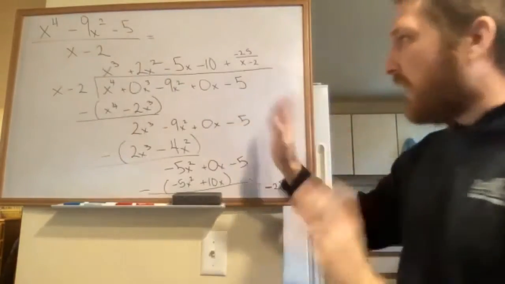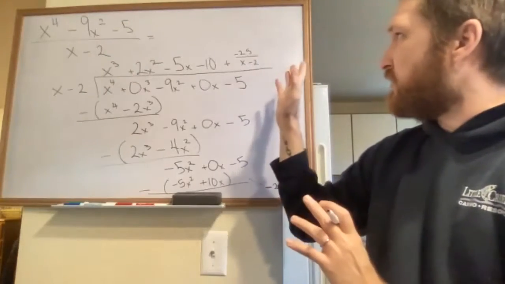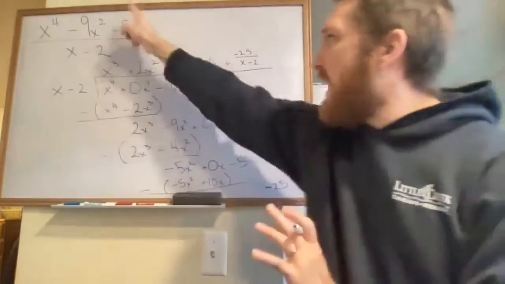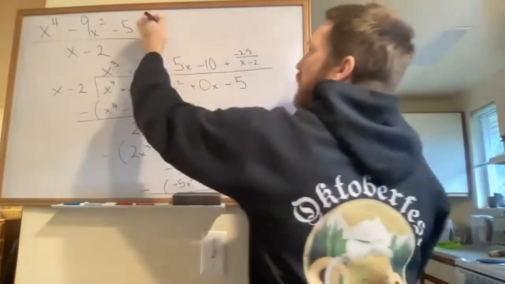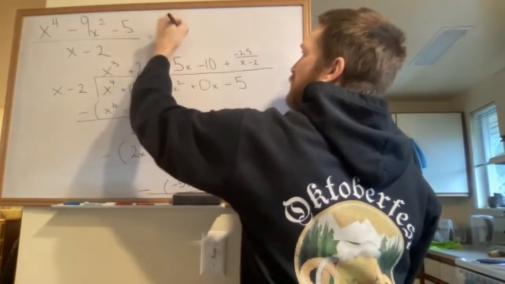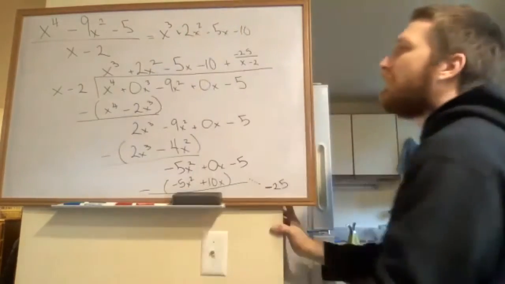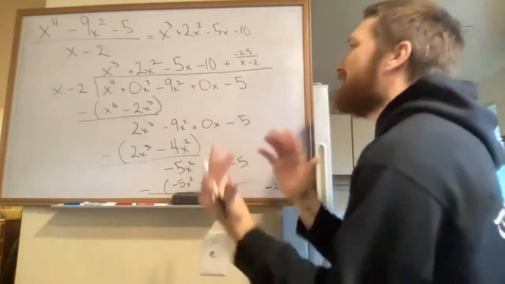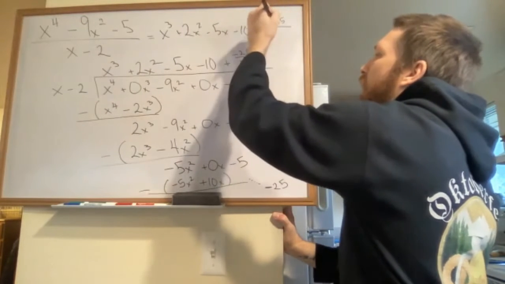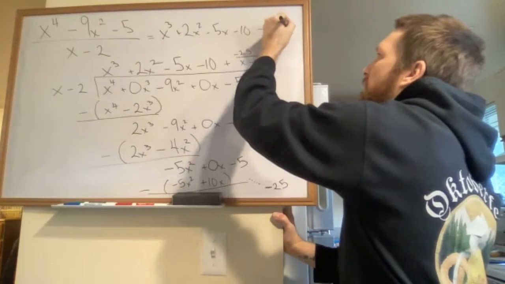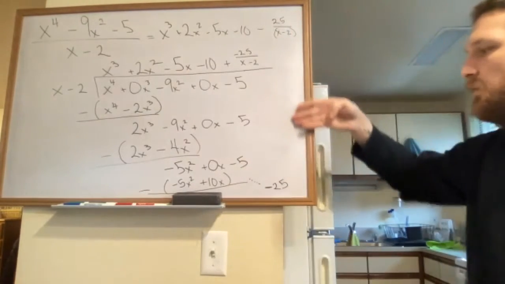So I claim I've done my division algorithm here by polynomial long division, and I found that number divided by that number is this expression right here, which is x cubed plus 2x squared minus 5x minus 10 minus 25 over x minus 2. Like that. Okay. Am I good to erase this work that we've done?